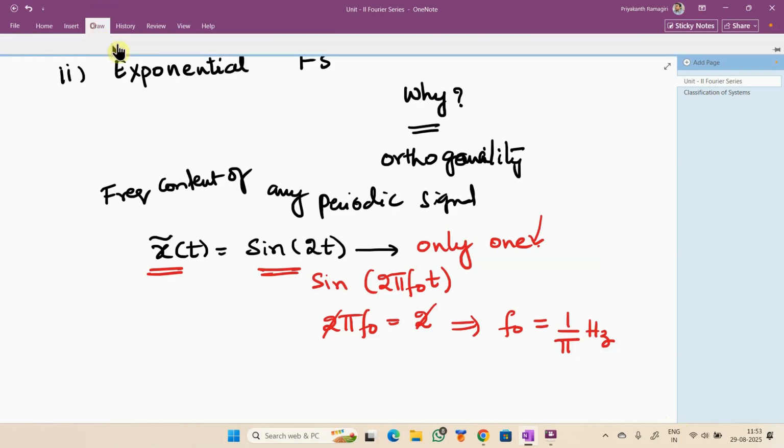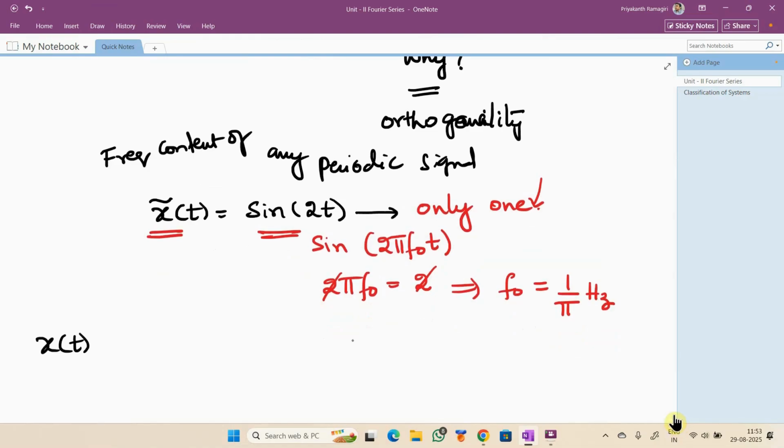Now, I will show you one more example. I told you an example of a prism. Do you remember that? Yes, sir.